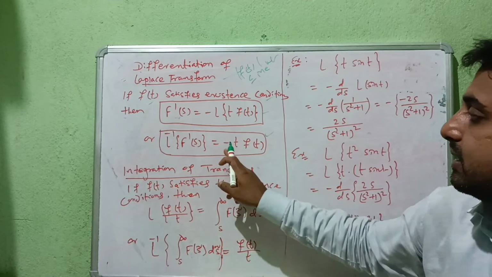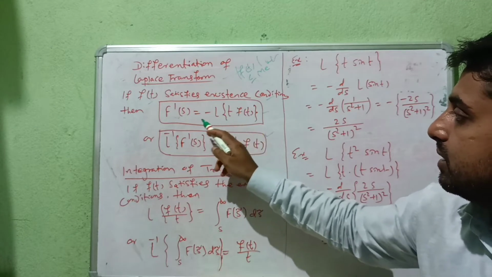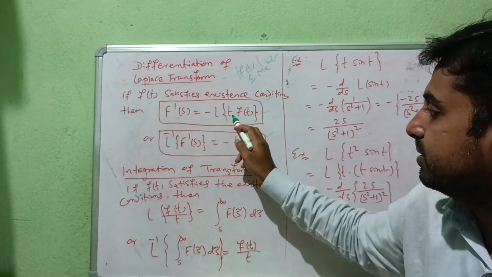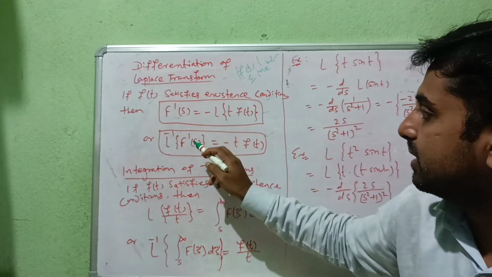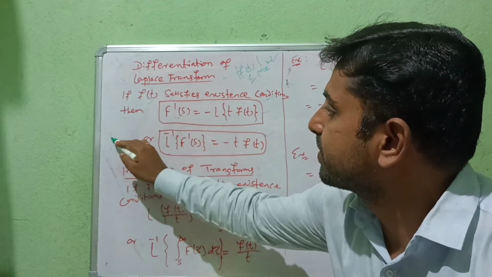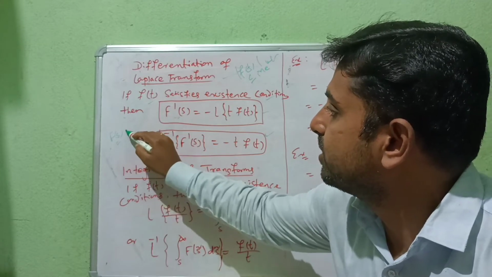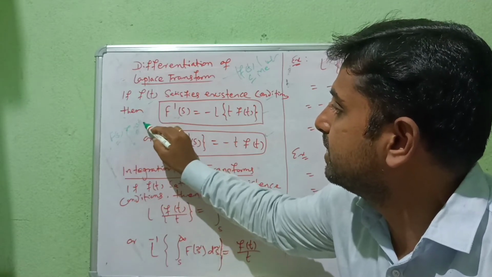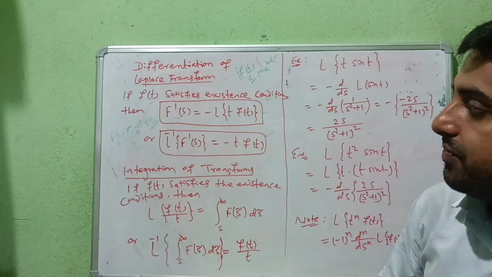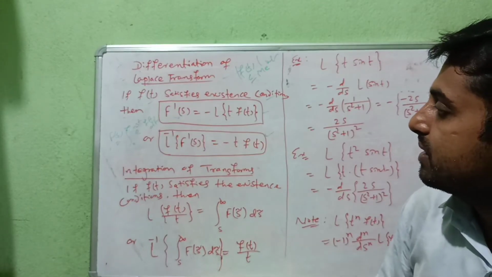So how do we get this formula? From the definition, Laplace of f, that means your F of s, is the integration from 0 to infinity of e to the power minus st into f of t dt. Is it not? This is the formula from the definition of Laplace transform. Already we know that.